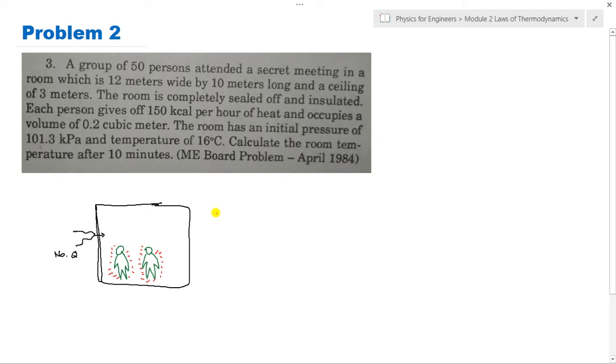And then their rate is 50 kilocalorie per hour. So what process is this, class? Here, let's agree that no heat is transferred into the room.